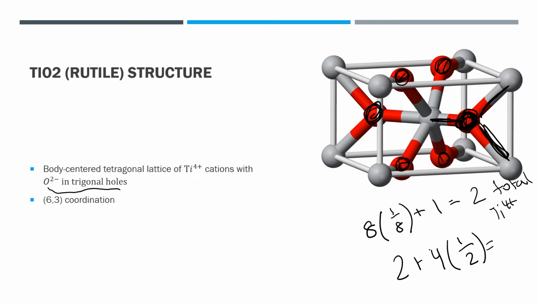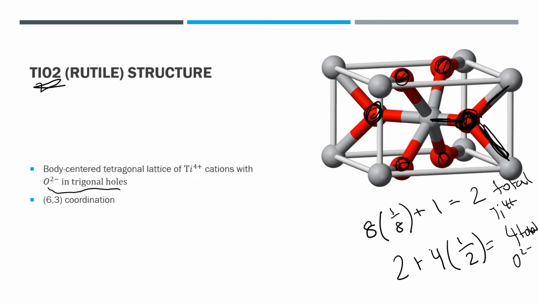If we do the math, we get 4 total O2- ions, right? And this ratio again agrees with our stoichiometric ratio: we have 2 Ti4+ for 4 oxygens, which means 1 titanium per 2 oxygens, exactly what our stoichiometric ratio suggests.